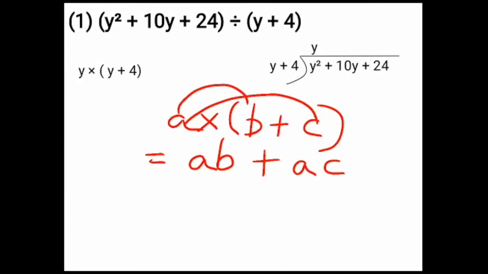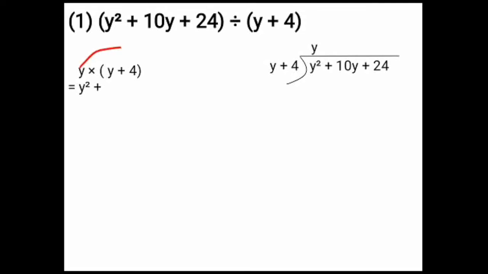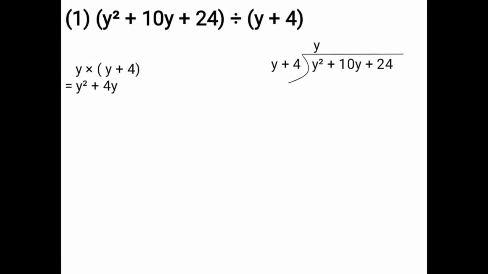So now according to this formula you have to multiply. Y into y means y square plus y into 4 means 4y. After solving the a into b plus c form, you are getting the answer y square plus 4y. This y square plus 4y you have to write in this place.